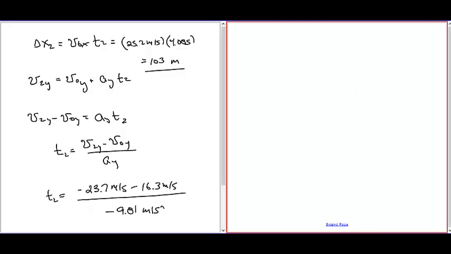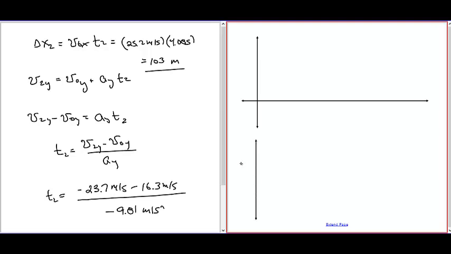And then finally we have our graphs of delta y and delta x. We'll do the two displacement graphs. So this is going to be delta x.